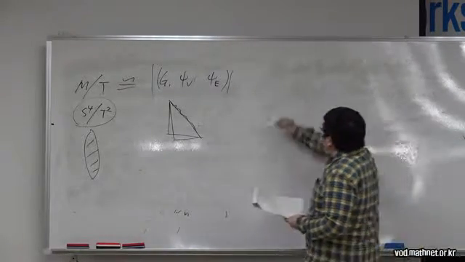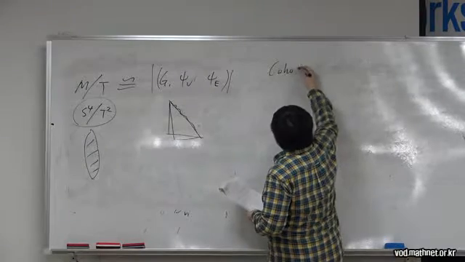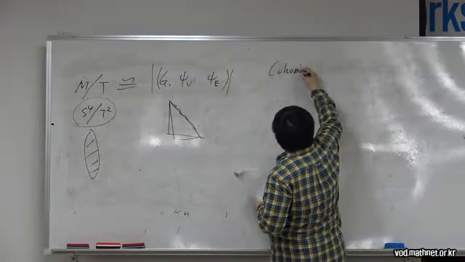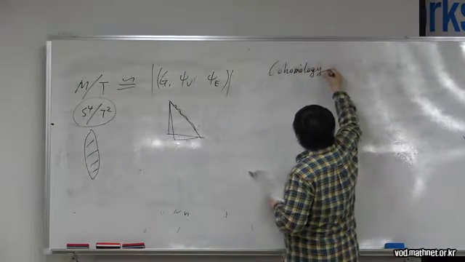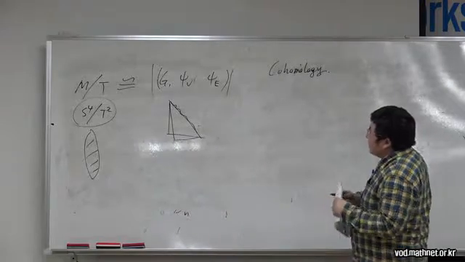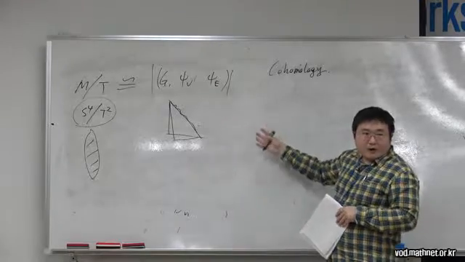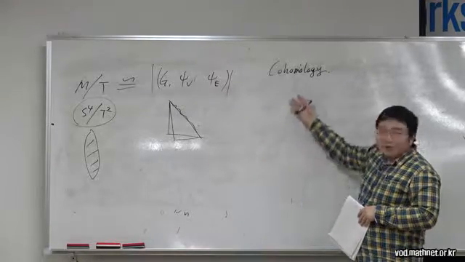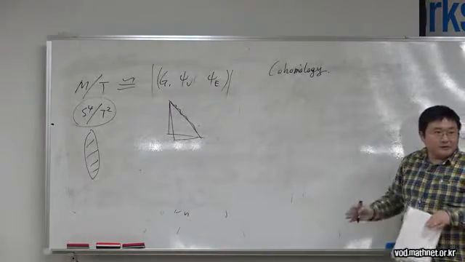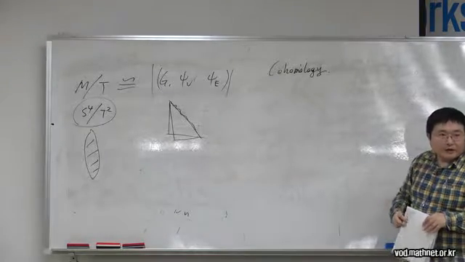So now, how about the cohomology? Because of their classification theorem, we want to describe the cohomology in terms of the orbit space in a combinatorial way.